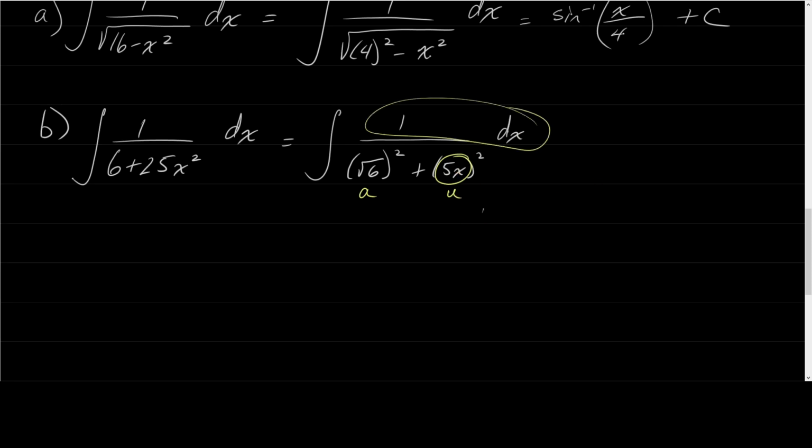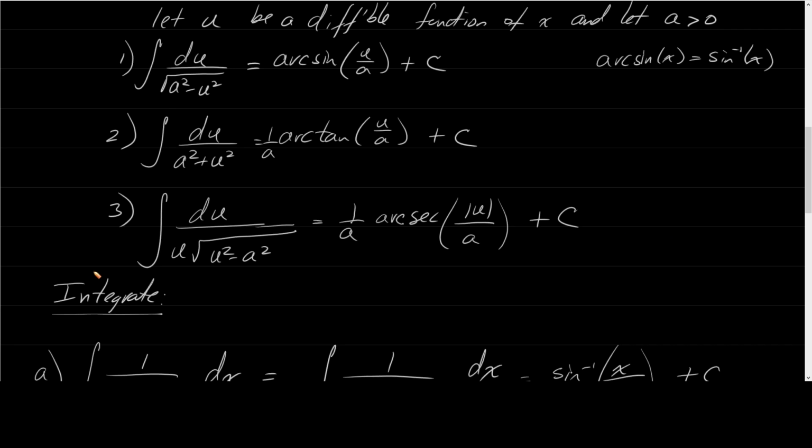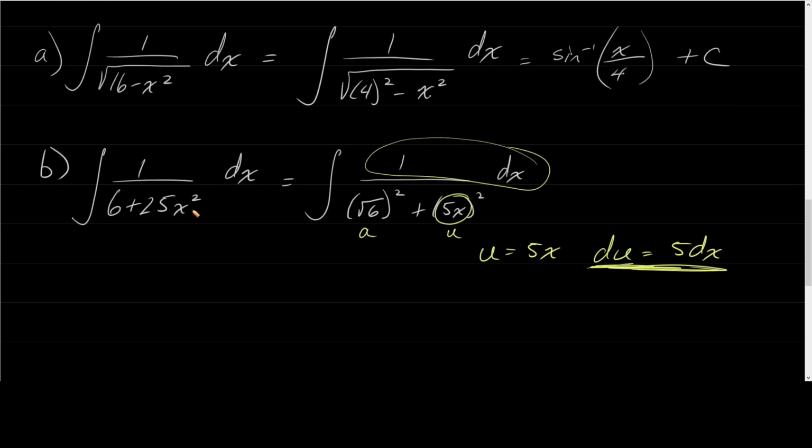But if u is equal to 5x, then du would be 5 dx. So what we actually have here is we must account for that. We don't have this 5 in the original problem. In the actual formula, the numerator is all du, so it depends on what u is. We don't have that du as written in this problem, so we're going to need to manipulate this a little bit.